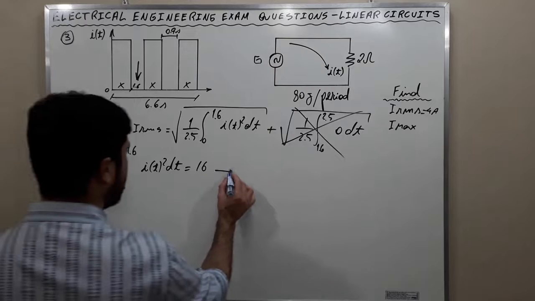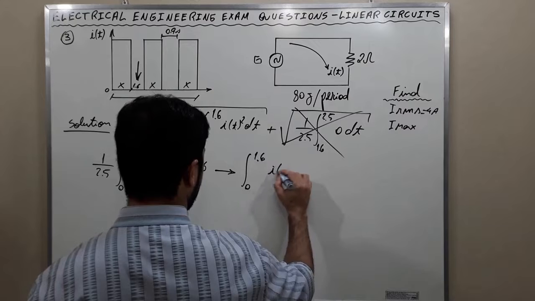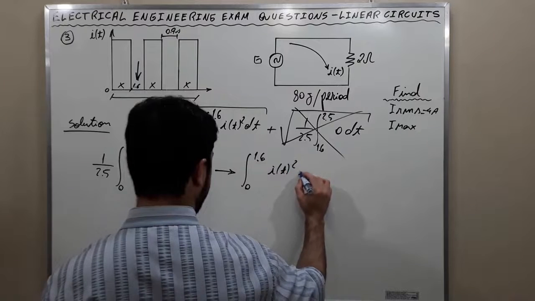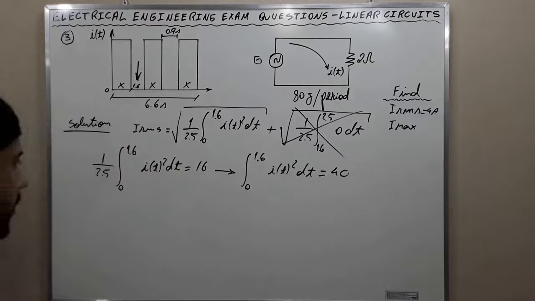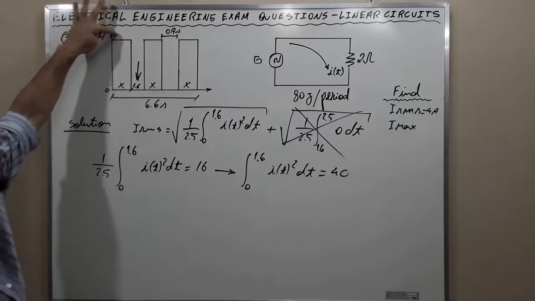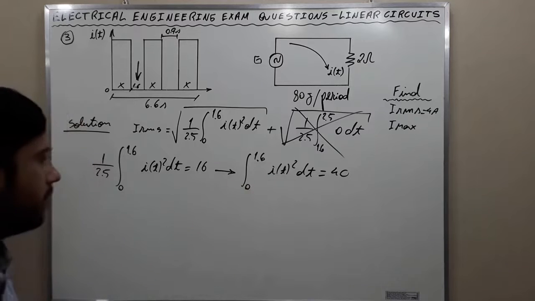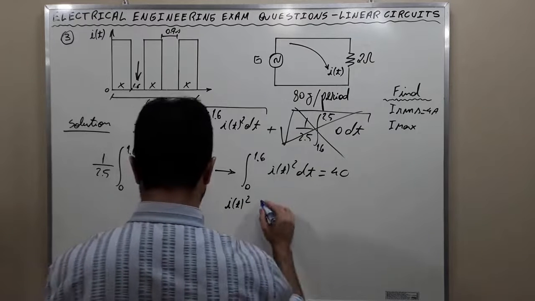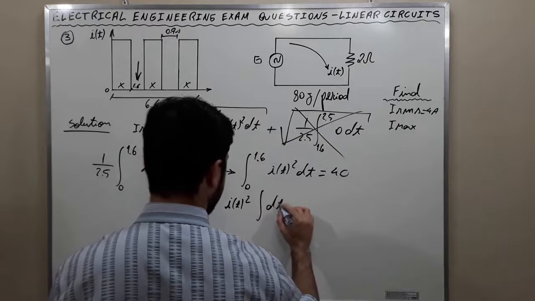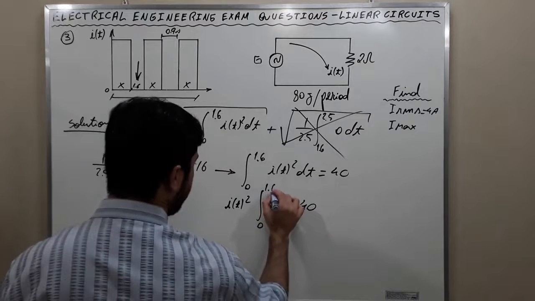And we get that from 0 to 1.6, the integral of I of t squared dt is equal to 40. Since the current is constant here, it does not change, from 0 to 1.6 we can pass this to the other side.